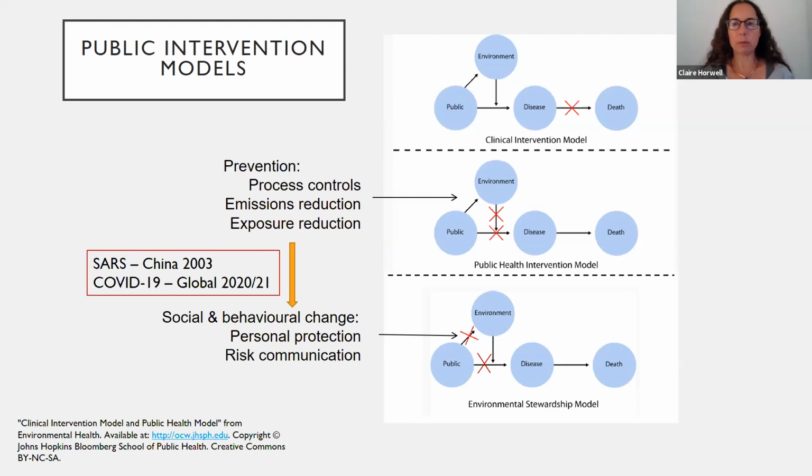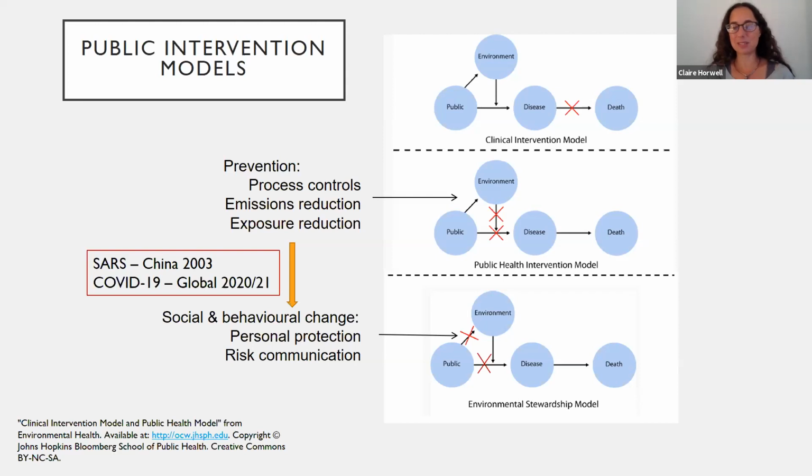What we're really talking about when we're talking about air pollution, on a large global scale, is the public health intervention model, which is where we actually try and stop the environment or the air pollution from causing disease. And the way we do that, as I just explained, is through process controls, emissions reduction, and exposure reduction. However, people are not necessarily willing to wait for that to happen and for their environment to be cleaned up by someone else.